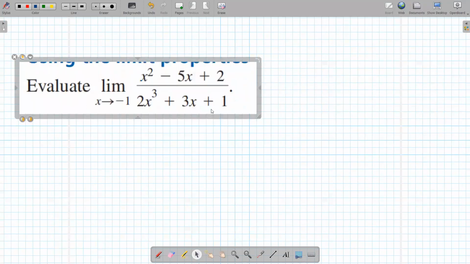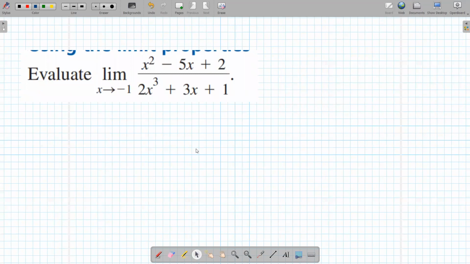Is this continuous everywhere? Probably not, because this is a rational function. If the denominator were to be a 0, then we would be screwed, right? We don't know where it's a 0, though, so it doesn't change anything. Step 1, we're gonna plug x as -1. So you get 1 plus 5 plus 2 on the top. On the bottom, we get -2 minus 3 plus 1.